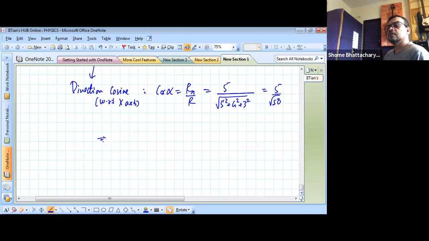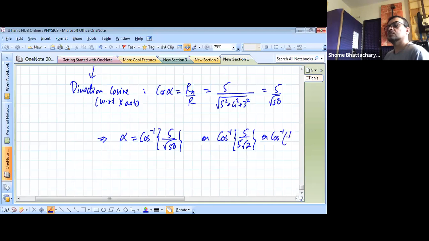So alpha is cos inverse 5 by root 50, which we can also simplify to cos inverse 5 by 5 root 2, that is cos inverse 1 by root 2, which is in fact 45 degrees.